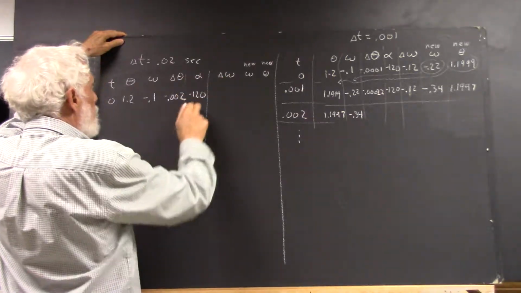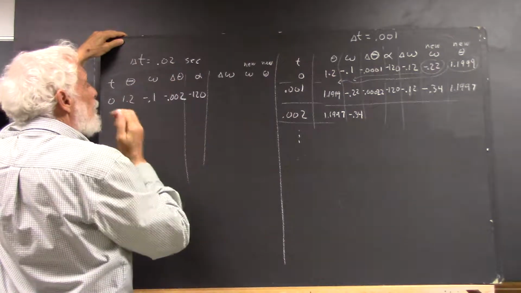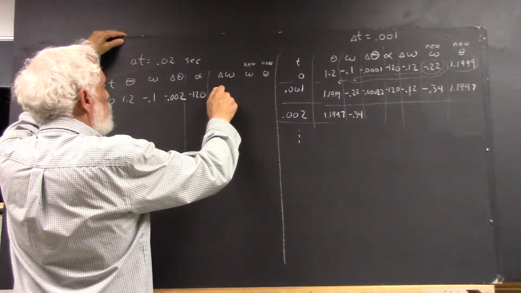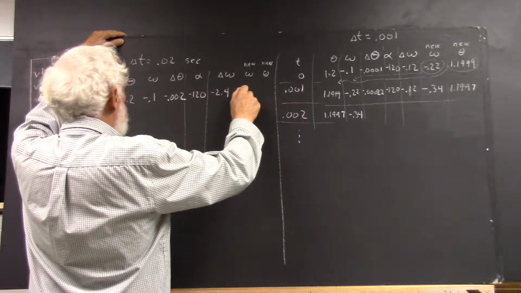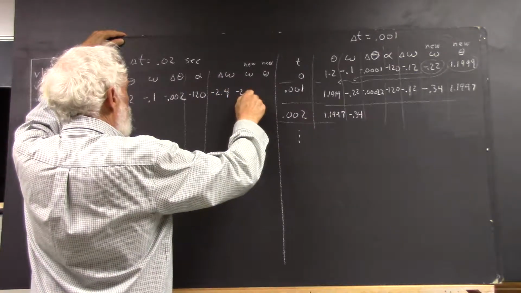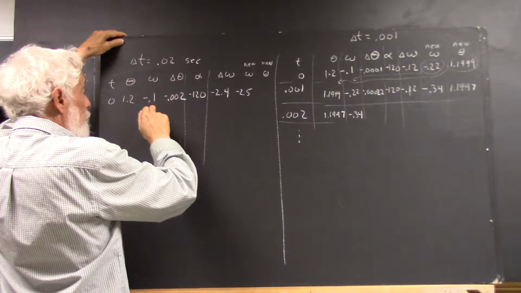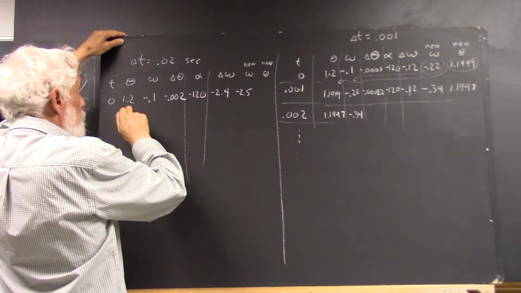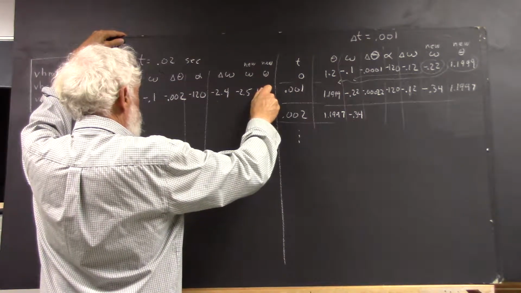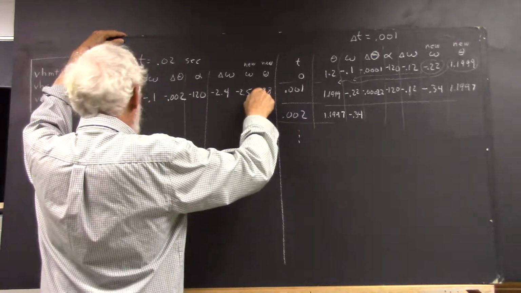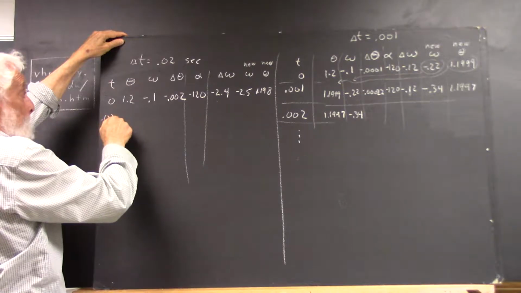So the delta omega is alpha times delta t. 0.02 times -120 is -2.4. So our new omega is -2.5, -2.4 added to the -0.1, and our theta is 1.2 and -0.002, that's 1.198.